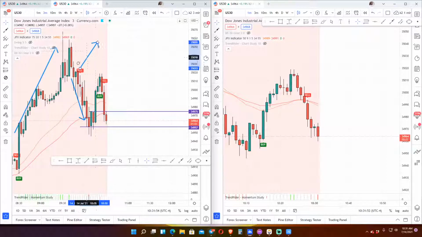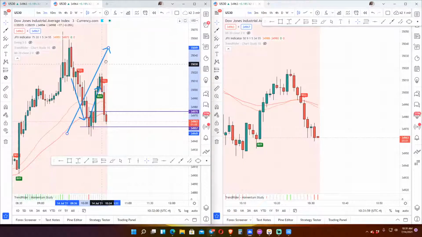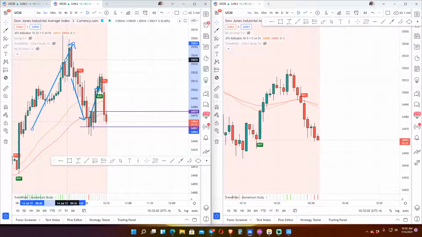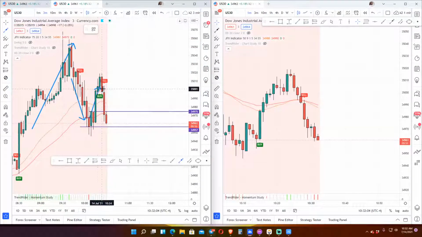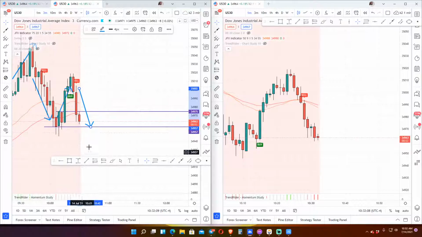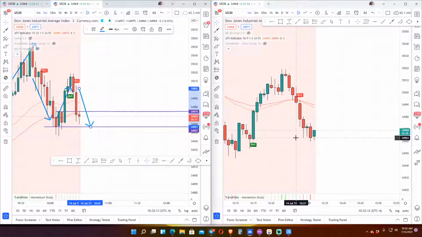I probably might not trade anymore today until I see a proper setup here. But as you can see, this market is pretty much manipulated today. Whole lot of manipulation going on.